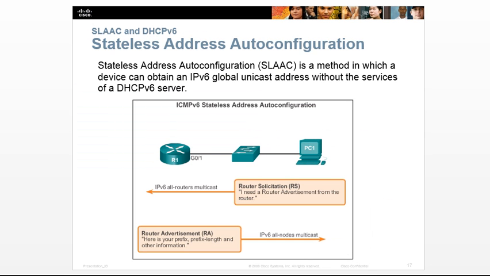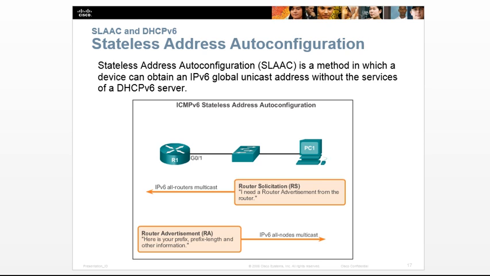So v6 is not that different, other than it's just built a little different. IPv6 uses what's called stateless address autoconfiguration, and it's a method to obtain an IPv6 global unicast address without the services of a DHCPv6 server. Right now, this is what most places are using.